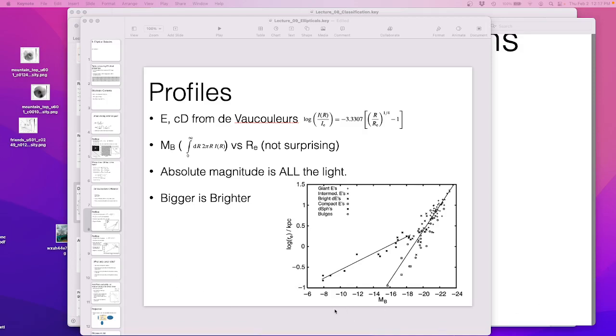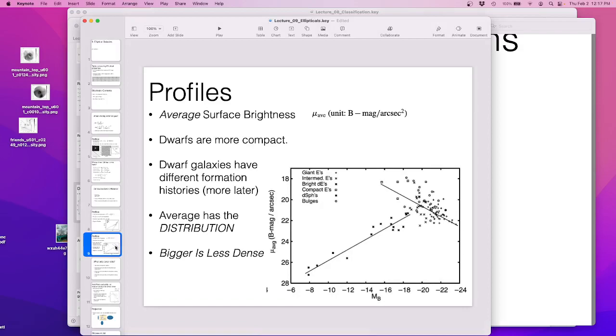Okay, weirdness. Here's a weird thing, though. The average brightness goes down with effective radius. So if I take the total brightness and I divide by the size, I get the average brightness. That goes down as things get bigger, which is not what you would expect. It's kind of backwards. You expect things to just get brighter on average and in general. It's because they get bigger faster than they get brighter.